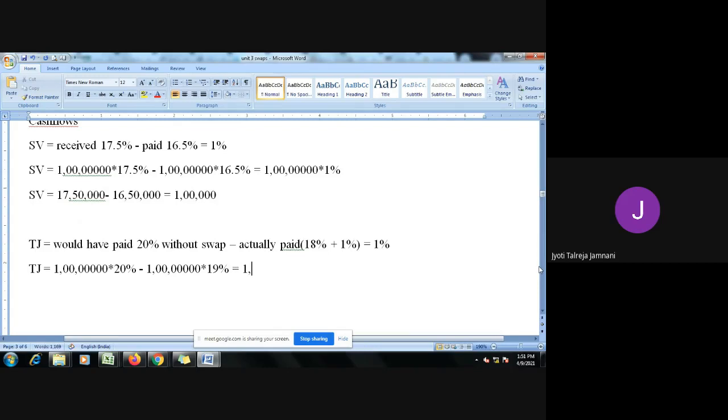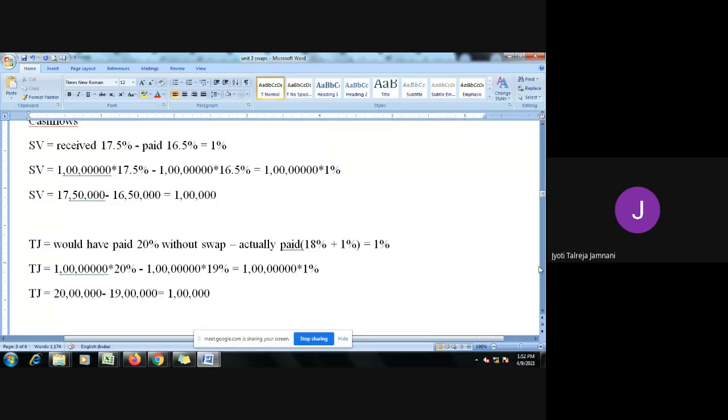Gain is 1% of 1 crore. 20% of 1 crore is 20 lakhs. Minus 19% of 1 crore is 19 lakhs. So its gain is 1 lakh. That is 1% of 1 crore.